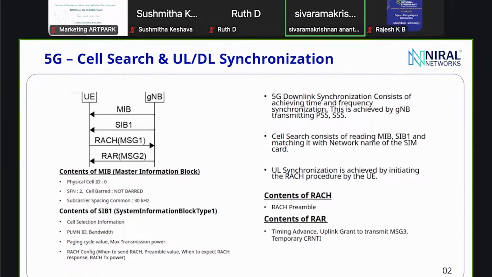So it is the responsibility of the UEs to read this downlink synchronization information that is available in the MIB and the SIB, and then appropriately initiate an uplink synchronization, which is called RACH.